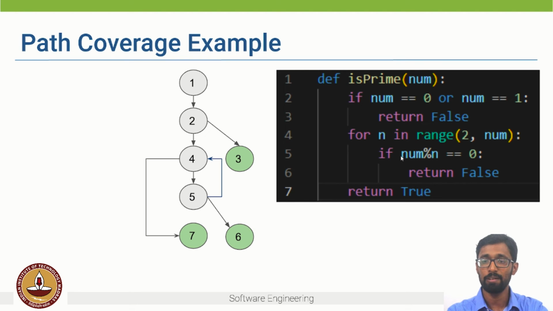At line 5, either the condition evaluates to true, in which case we exit the function by returning false, or we go back to line number 4. So this is the control flow graph for this function.